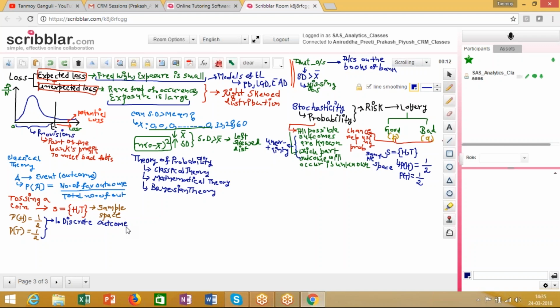This is the first assumption, the first condition under which the model is created.